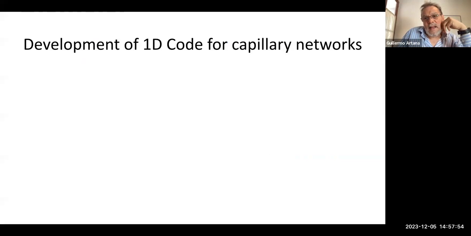Well, once we have got a good description of the filling of the channels, we try to incorporate it into a code, so we can design not only a single channel, but a network of channels.